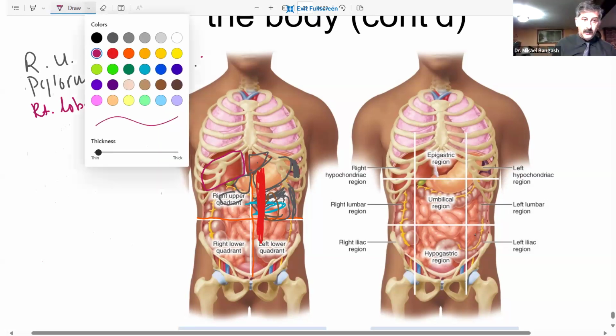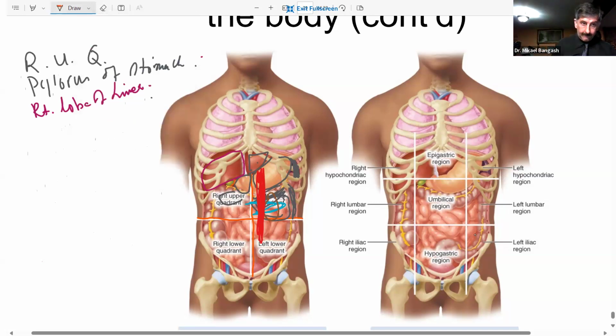And related to that is this little buddy here, your gallbladder.